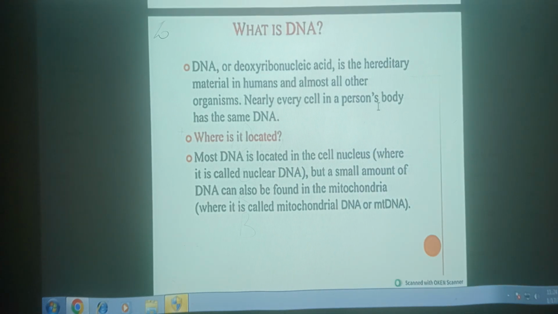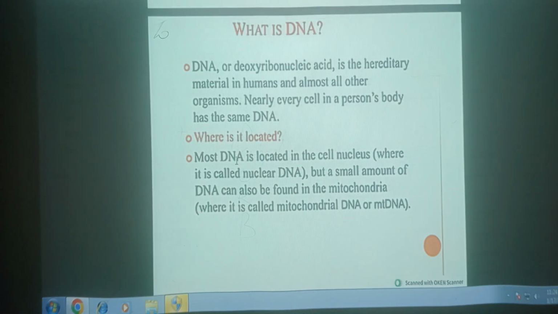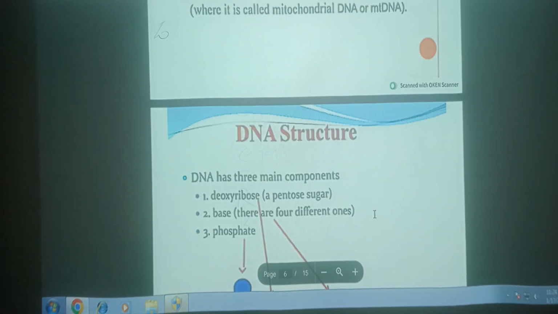Where is it located? Most DNA is located in the cell nucleus, where it is called nuclear DNA, but a small amount of DNA can also be found in the mitochondria, where it is called mitochondrial DNA.